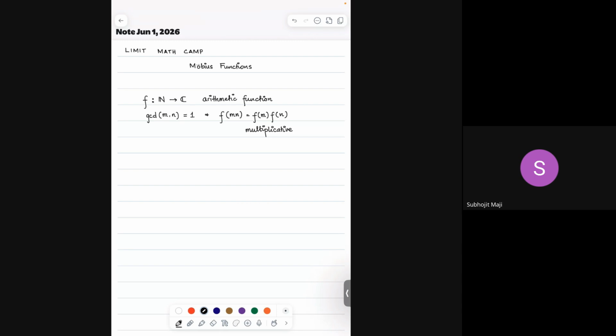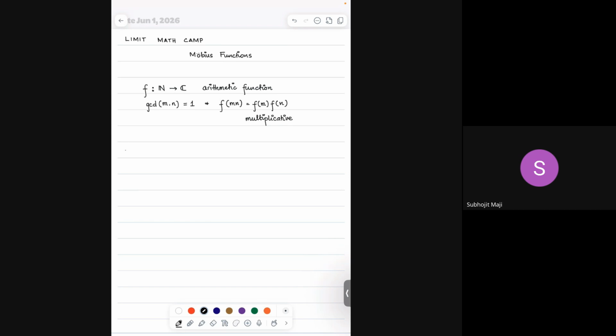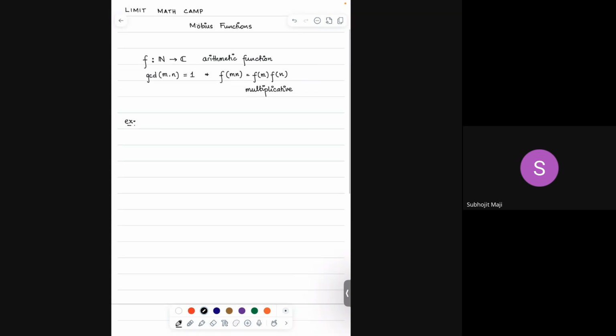Let me give you some examples of functions, and I'll tell you which ones are multiplicative and which ones are not. Some examples are, let's say, tau of n. What is tau of n? It is the number of all natural divisors of n.